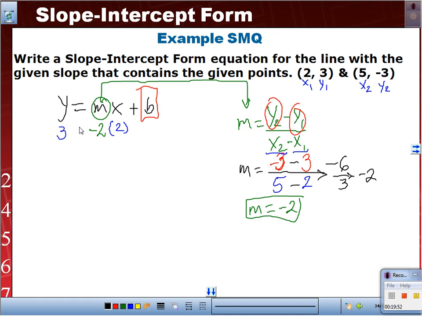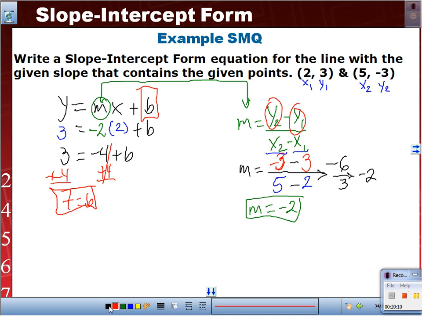I bring everything else down, solve for b. So this is 3 equals negative 4 plus b. So at the end, add 4, we're left with 7 equals b. Do I have now enough information to write my equation? Yes, I have a slope and I have a y-intercept, so my equation is y equals negative 2x plus 7. Copy that, please.